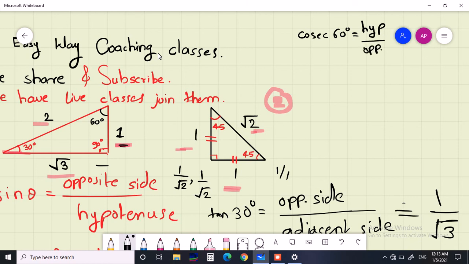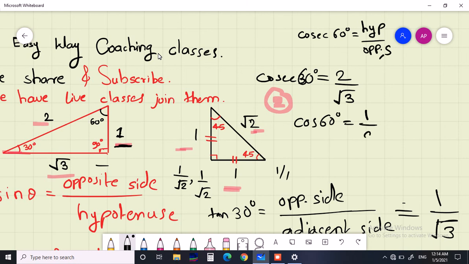Hypotenuse is 2 and the opposite side is root 3. So cosec 60 is 2 by root 3. Now cos 60. Cos 60 is the adjacent side, 1, divided by hypotenuse, 2.